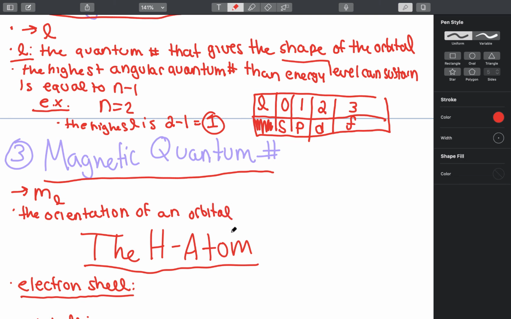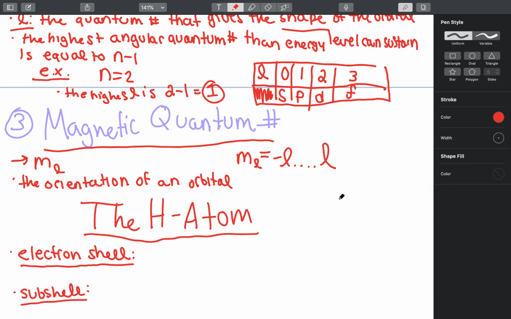So what is ML equal to? Well, you can have multiple values of ML. So ML is equal to the negative value of L all the way up to L.